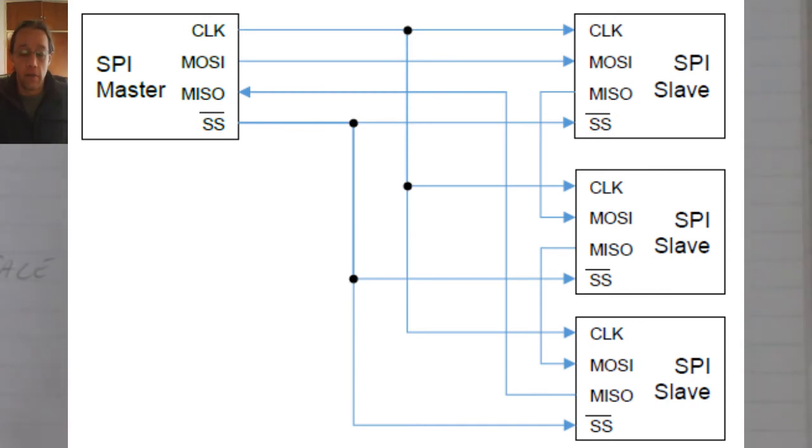The slide shows the serial peripheral interface daisy chain, whereby we've got the master on the left that is sending information to the first slave on the right hand side. The first slave then sends information via its master in slave out to the second slave's master out slave in pin.